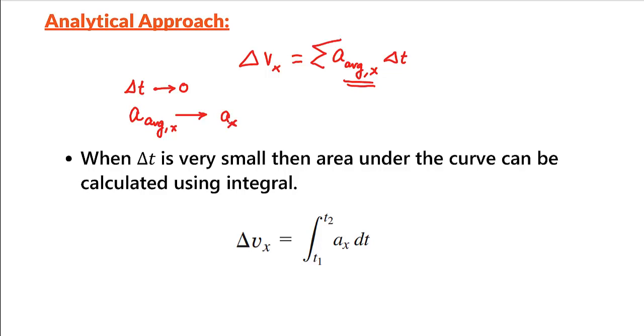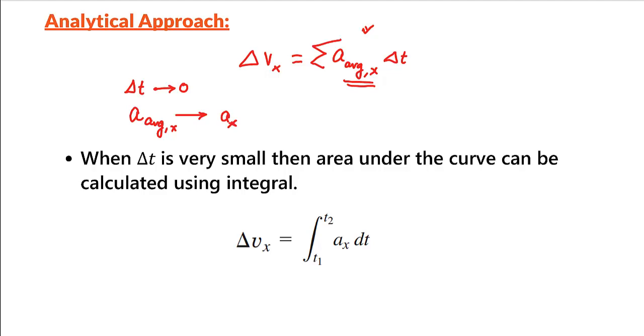So now I can calculate this change in velocity in the x direction using integration. If we have a discrete summation, you are summing one rectangle, second rectangle, third rectangle. But when delta t tends to 0, the discrete summation becomes integration.